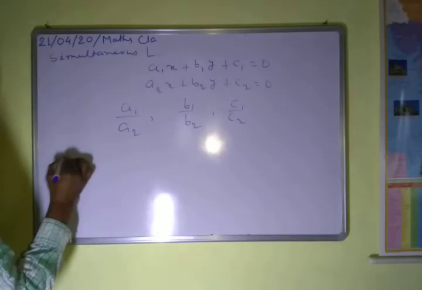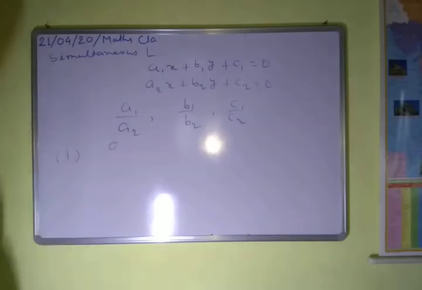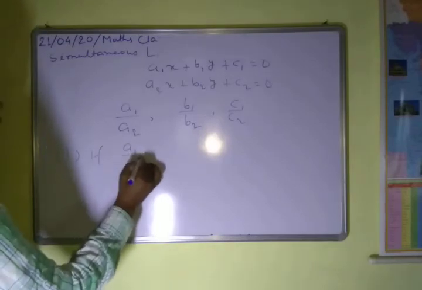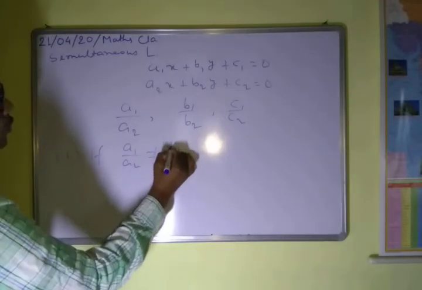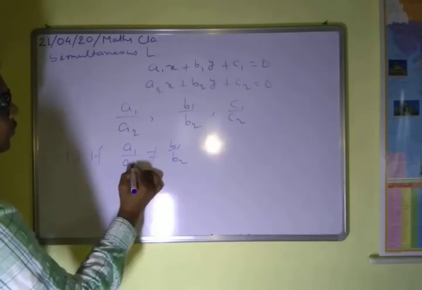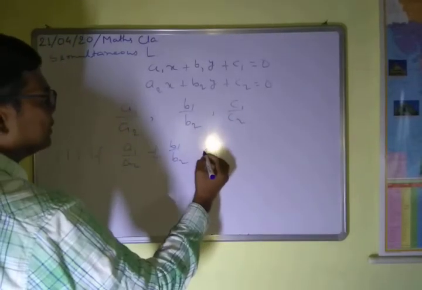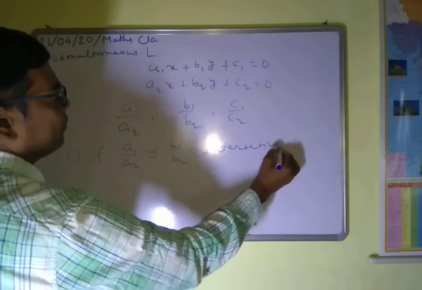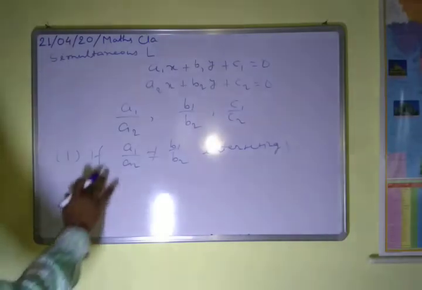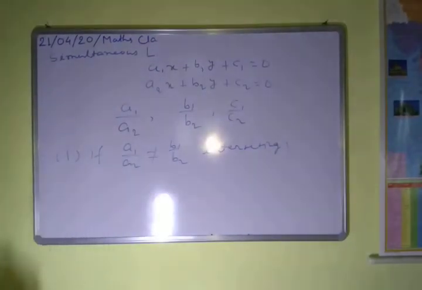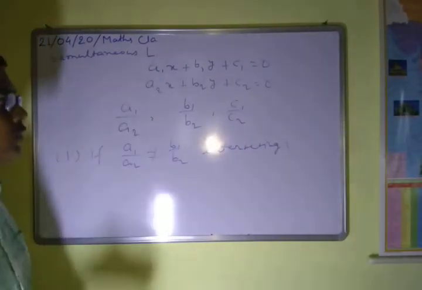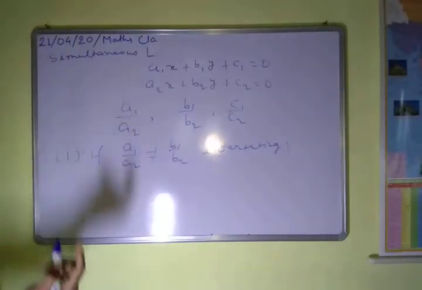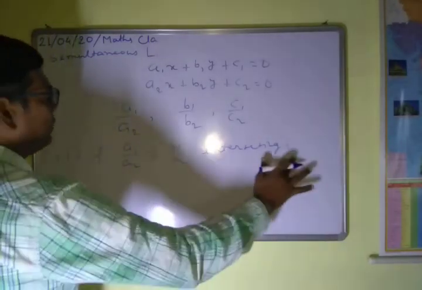The number one condition is that if a1 by a2 is not equal to b1 by b2, then the lines are intersecting. In this case we say that the system is consistent, because we have a solution, and we have only one solution.